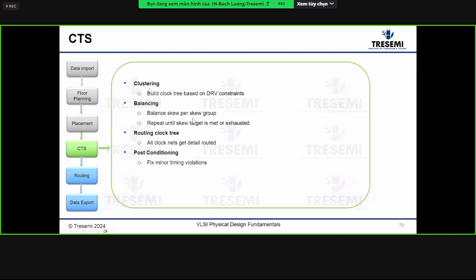The next thing it does is balancing, skew balancing per group. After that, it routes the clock tree, so all your clock nets get routed here. And the last step is called post conditioning, which is fixing minor timing violations that are left over. So that is 4 different stages happening during CTS.